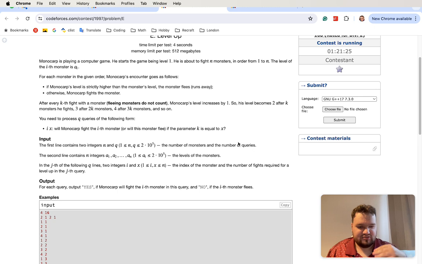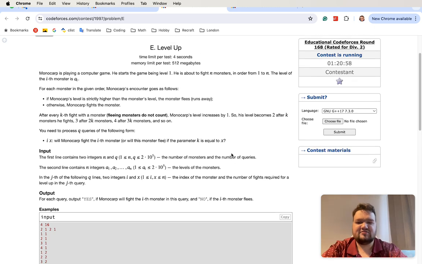For values larger than that, we have pre-calculated some smart lookup tables that allow us to implement what will happen for that value of k in O of square root of n. And for each query we will just do that and answer the query that we want.